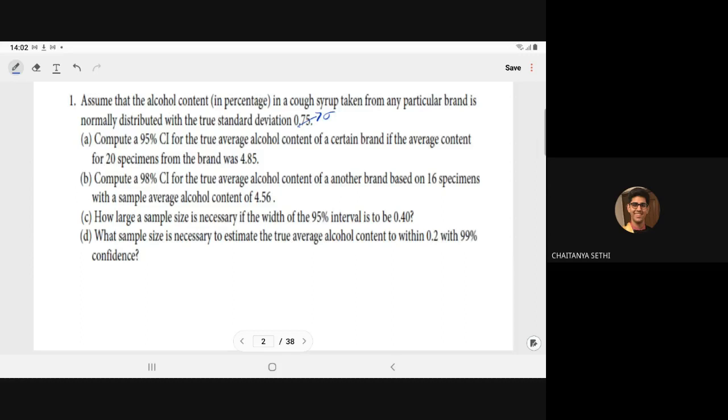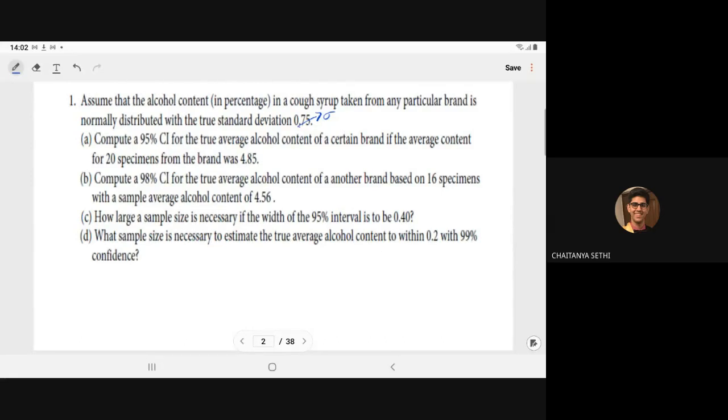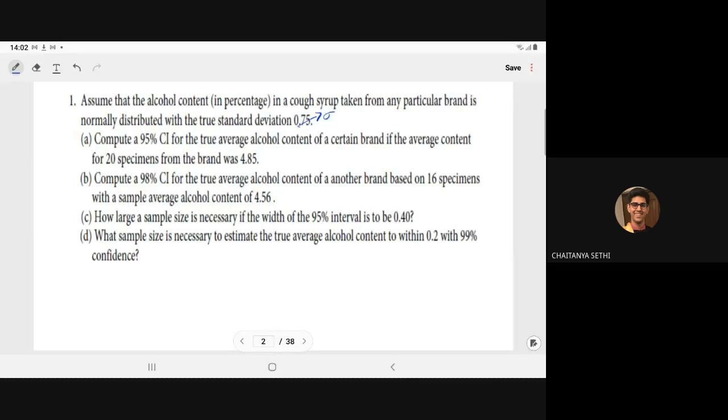Compute the 95% confidence interval for the true average alcohol content of a certain brand, where the average content of 20 specimens from the brand was 4.85. The question is what? Let this be the population, and here we have the population mean.